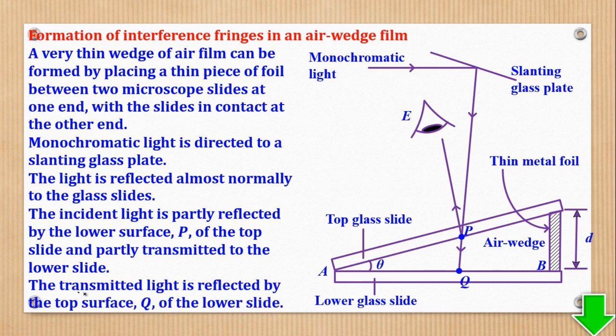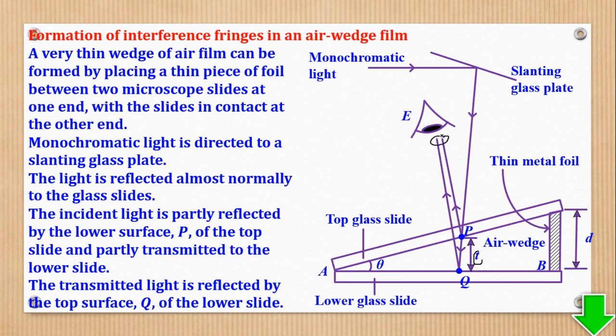So the transmitted light is reflected by the top surface 2 of the lower slide. So here it was the lower surface of the top slide, but here it will be the top surface of the lower slide. So there will be reflection to meet the observer still.